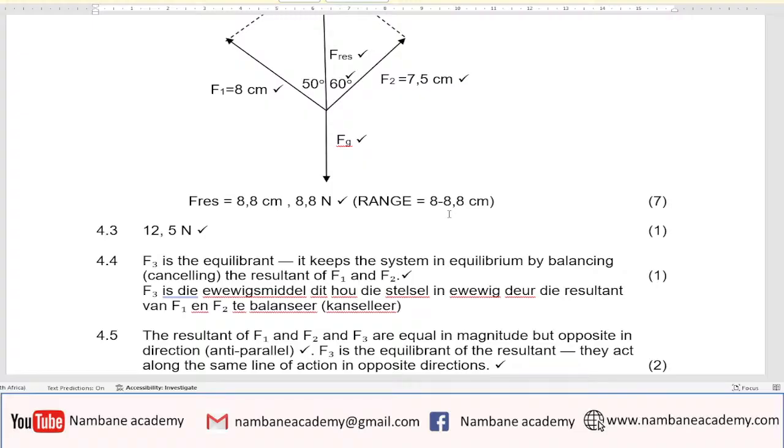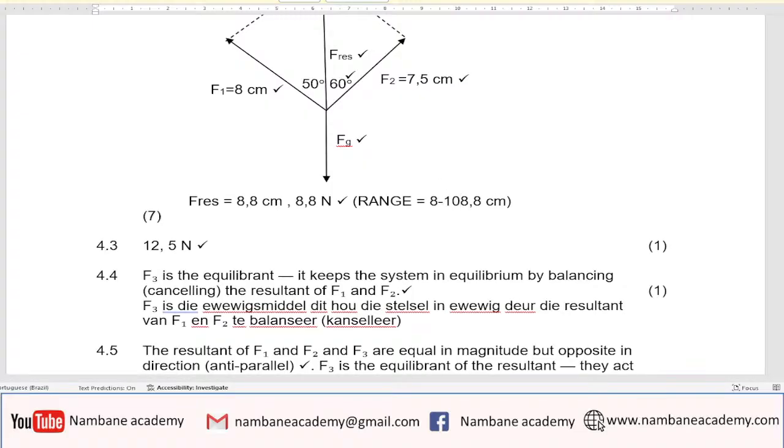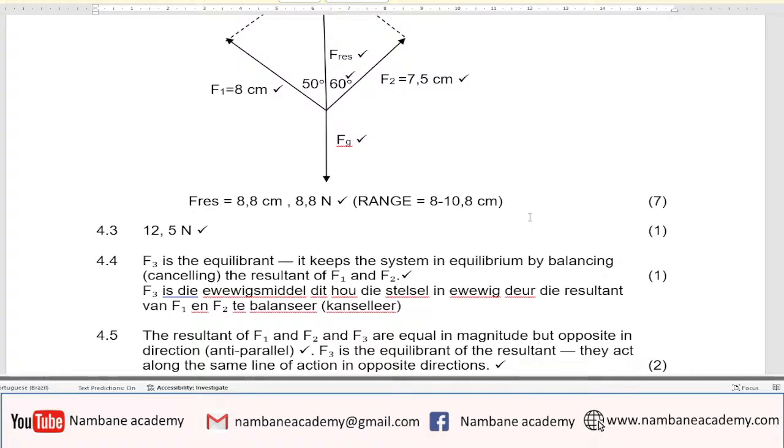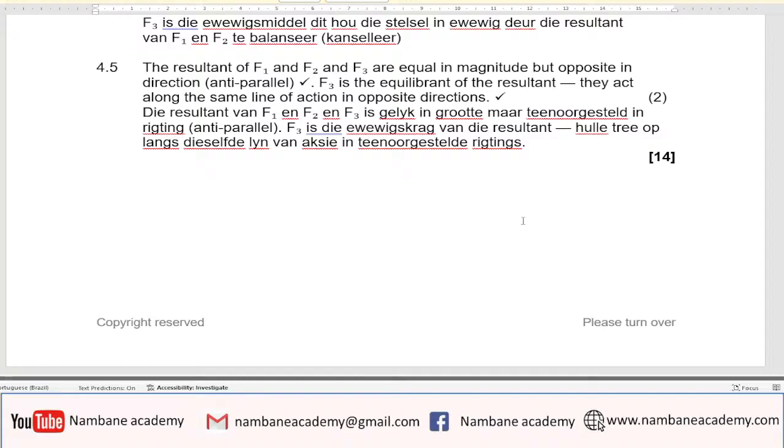I was suggesting, since when we had a difference of 2 for the range, can we keep it at that difference? 10.8. Yes, that number, please. Okay. Thank you.